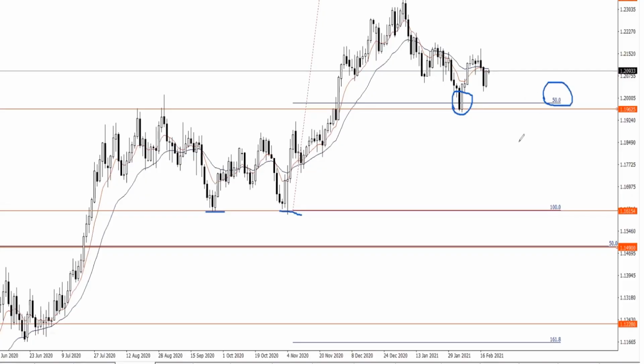Now I say around about, traders, because remember, these are areas. These need to be thought of as the same as support and resistance. They are areas. For me, somewhere between the 45 and 55 area is good enough to represent a 50% retracement.